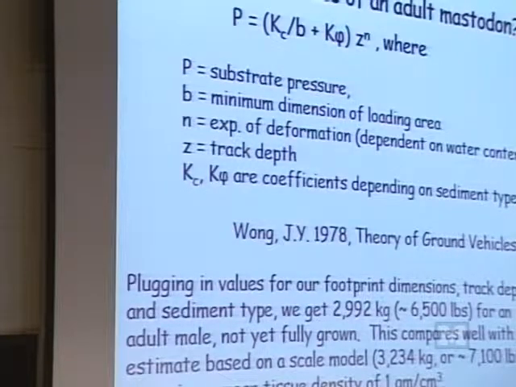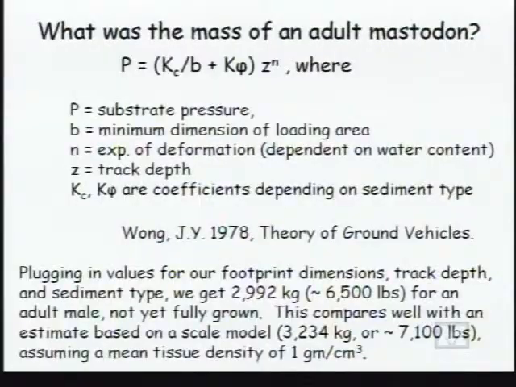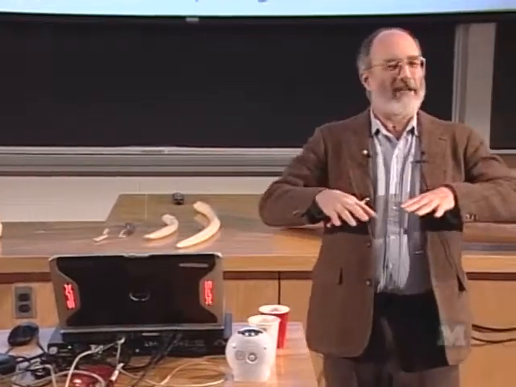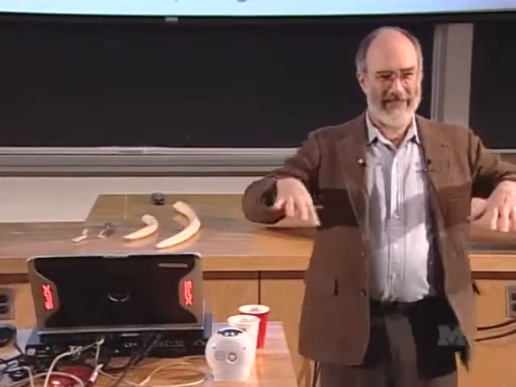Now, we want to go back to this issue of body weight. And again, I see I'm fighting the clock, so I'm going to go through this kind of quickly. There's some literature on this particular example of it. It has to do with the interaction between vehicles and substrates, natural substrates.